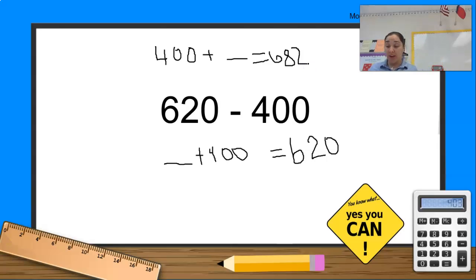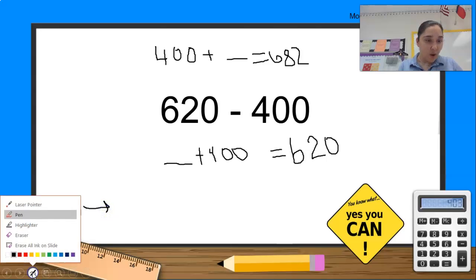Now, I am going to choose the count on, boys and girls. Watch. I start with 400, and I'm going to count on all the way to 620. Then I'm going to add, what should I add?